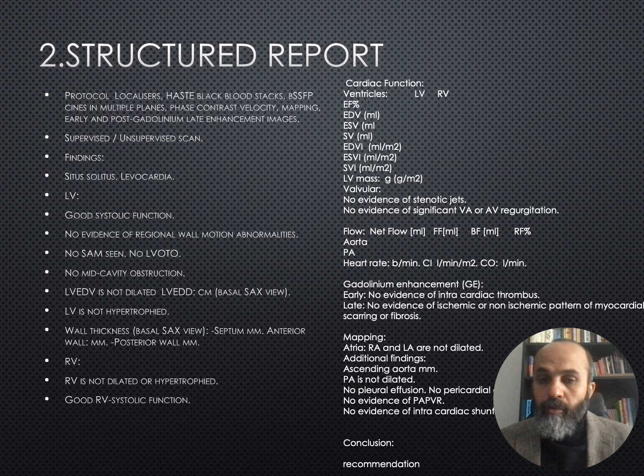Some colleagues would use organs, for example, they would go through the extracardiac structures first, then move to the ventricles, the atria, the valves, the great vessels, and pericardium, and then you could reach a conclusion because you will build up a case.